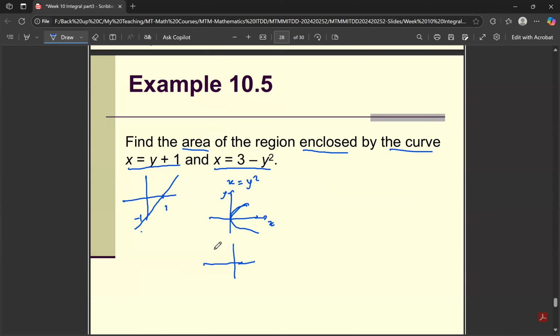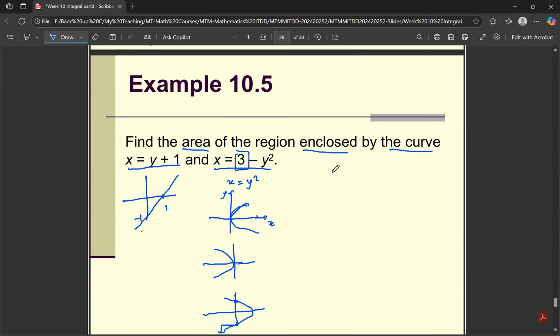This is one, and then we get 3. So we have this graph.